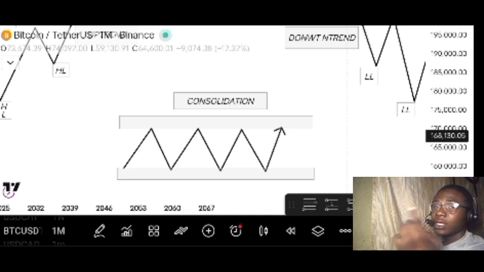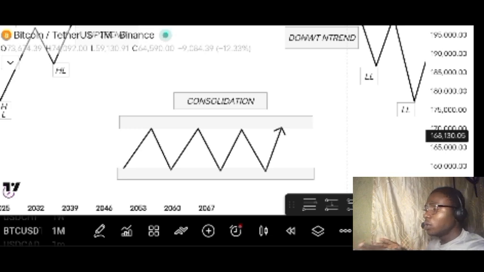Here is where so many traders tend to make mistakes. Whenever they see price just going up, they enter for a buy. Whenever they see price just going down, they enter for a sell. They do not even understand which phase the market is in. It's very important, guys, that you understand which phase the market is in, so you can always identify the pattern and what is going to happen next in the market.